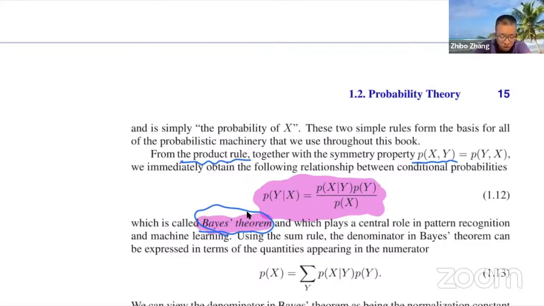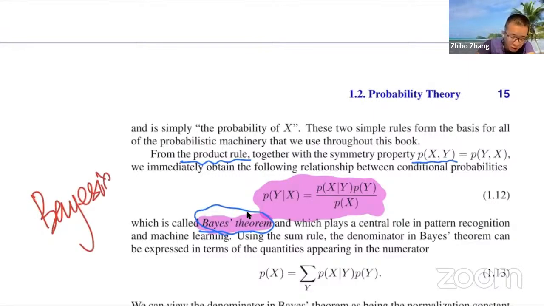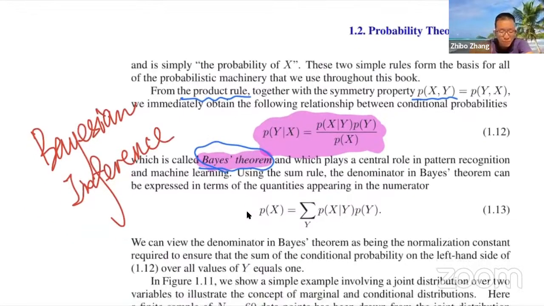There is a category of inference called Bayesian inference. Using the sum rule, the denominator in Bayes' rule can be expressed in terms of the quantities appearing in the numerator.